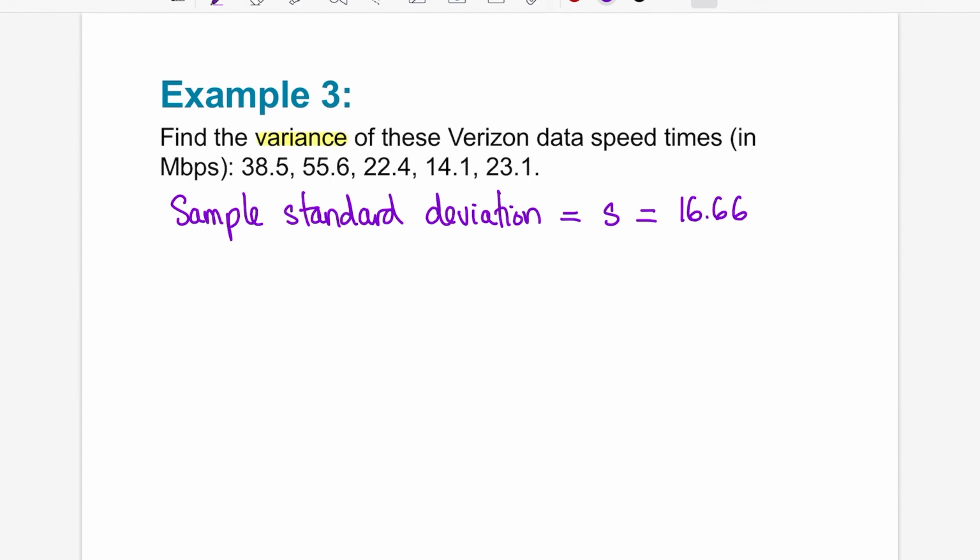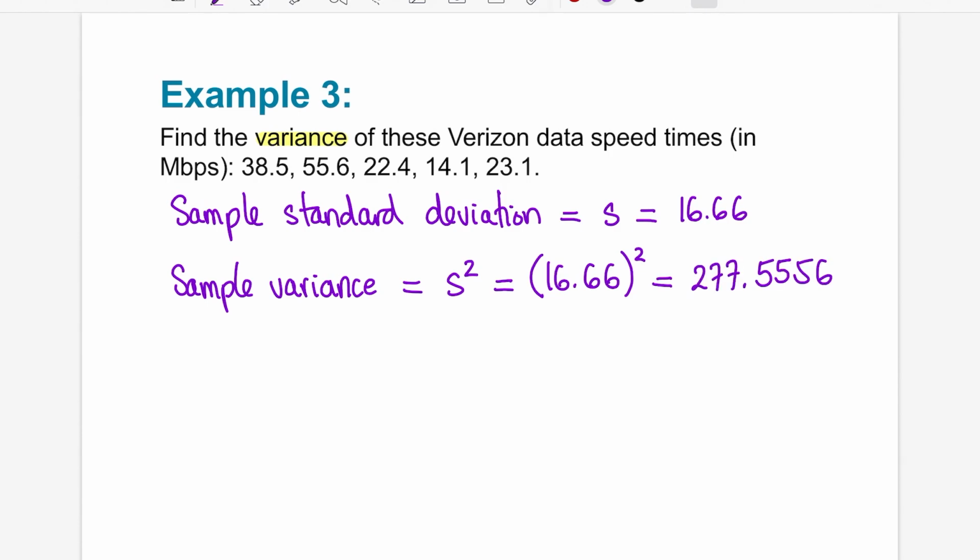To find the variance, we take the standard deviation and square it, which is 16.66 squared. And we have 277.5556. How many decimal places should we use? Remember, we look at the original data. This has 1 decimal place. Then my variance should have 2 decimal places.